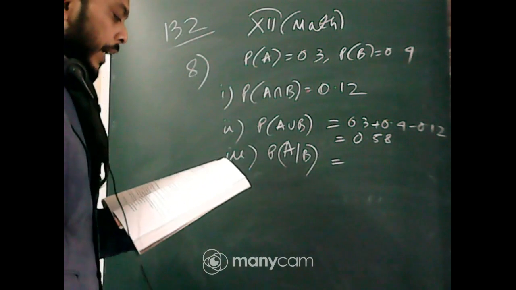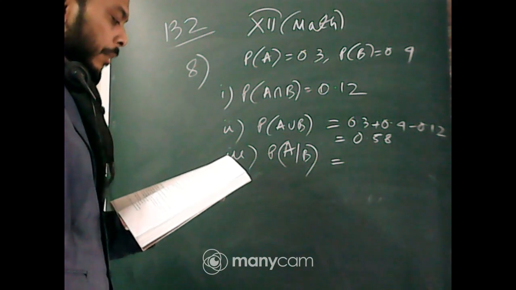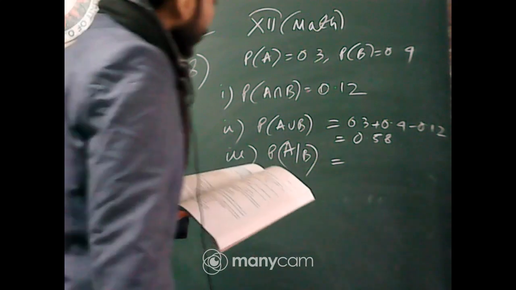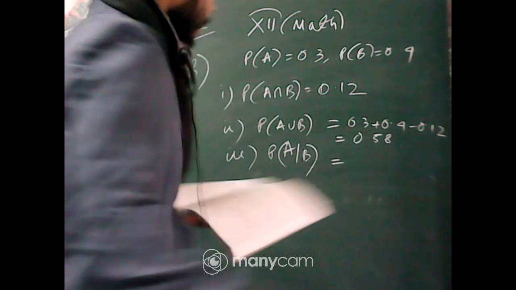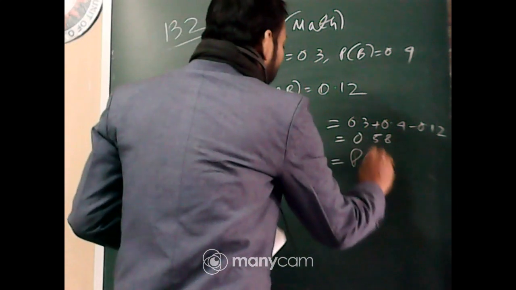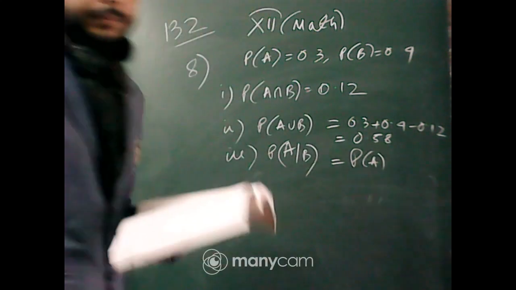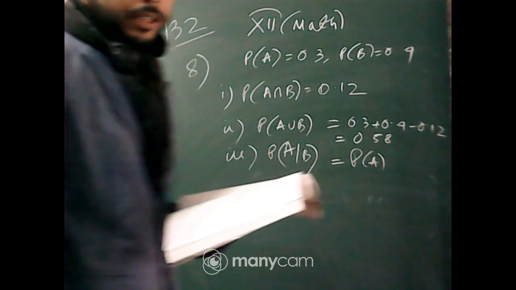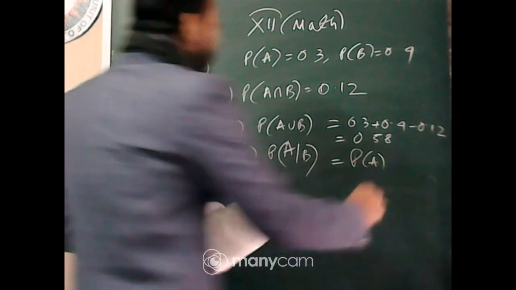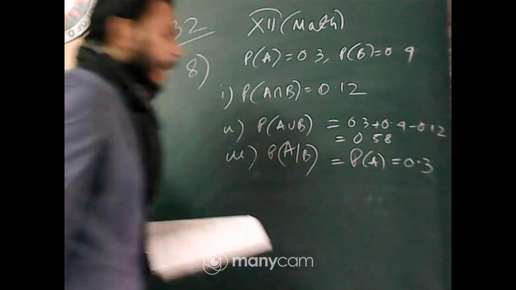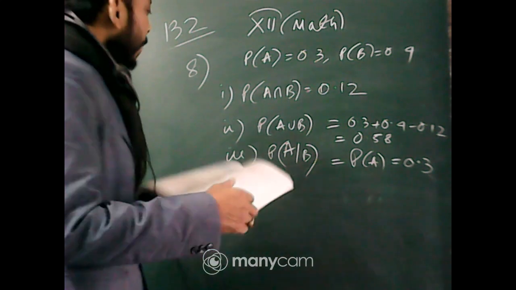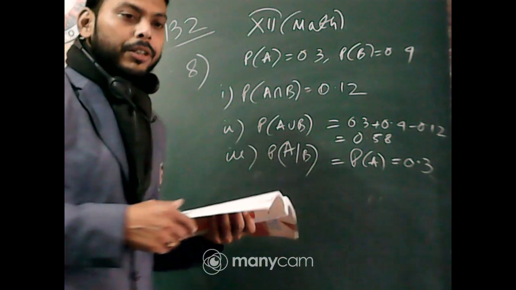Here actually A and B are independent events. P of A by B means probability of event A with respect to the event B. Here P of A by B and P of A will be the same. Why? Because they are independent. Why P of A by B equals P of A equals 0.3?